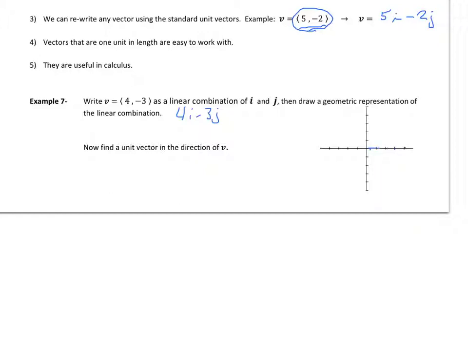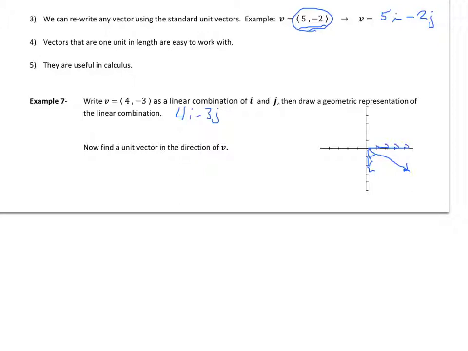So what we're saying is we're taking 4 unit vectors to the right, and then 3 unit vectors down. That's going to put us about right here. And there's 4i minus 3j, or 3j, sorry. So it's basically the same thing as a normal one, you're just counting it in units? Correct.